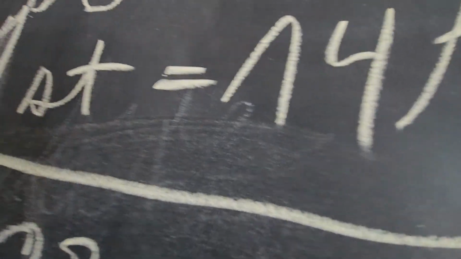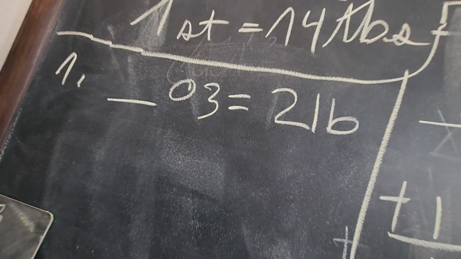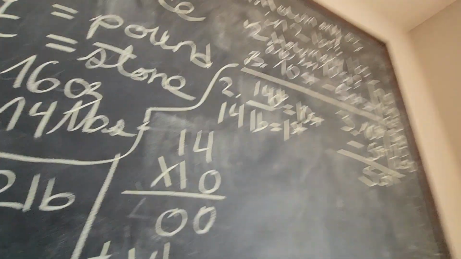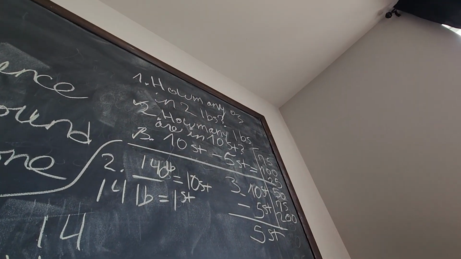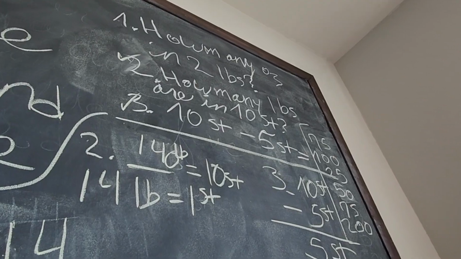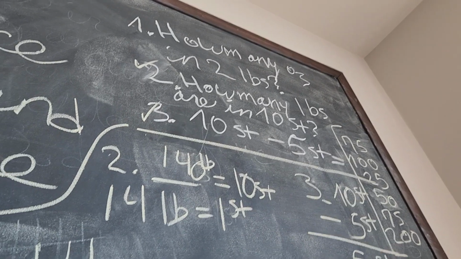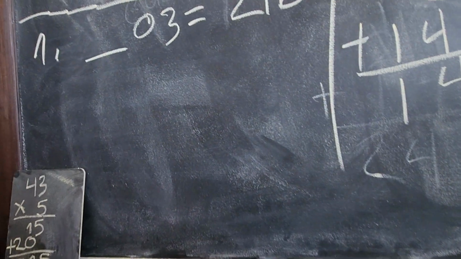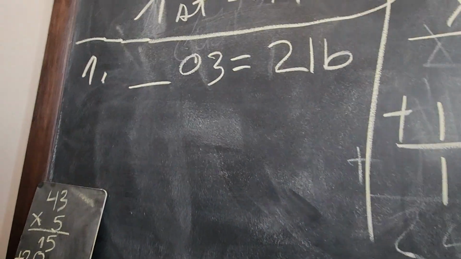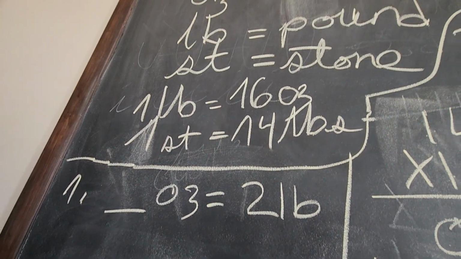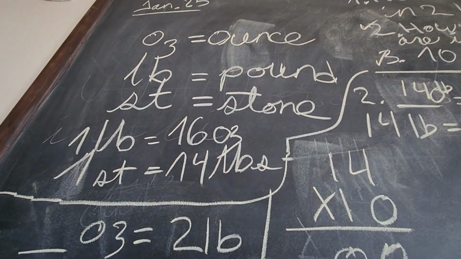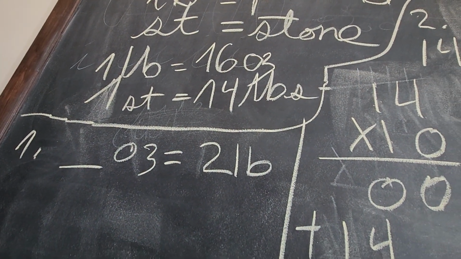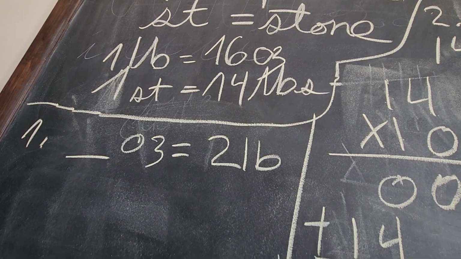1 pound is 16 ounces. And we want to know how many ounces in 2 pounds. So 16 ounces is 1.